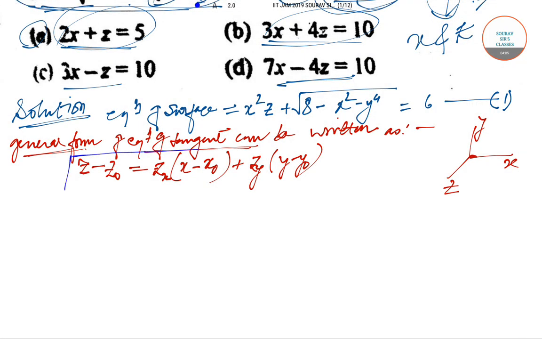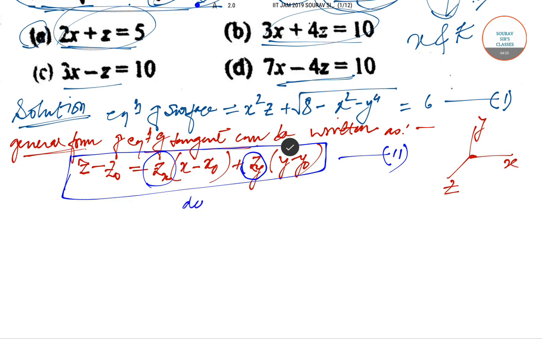Let me highlight this part because we require it later in this video, and we write this equation as equation number 2. Let us first discuss what z x and z y are. These z x and z y are nothing but the derivatives with respect to x and y respectively.